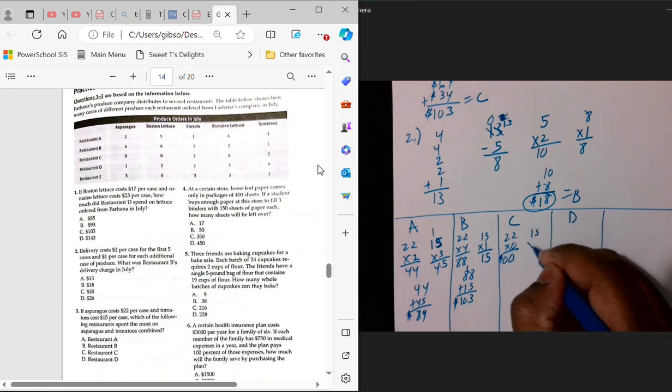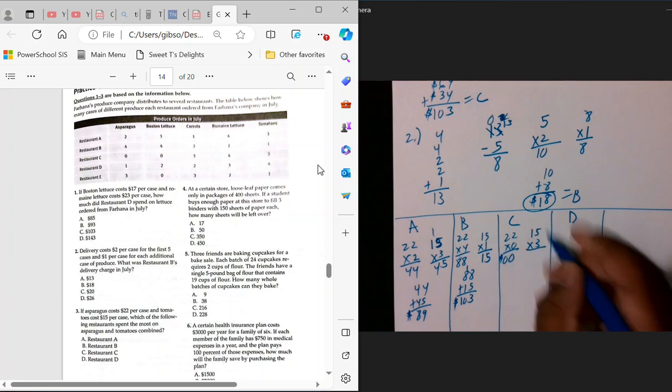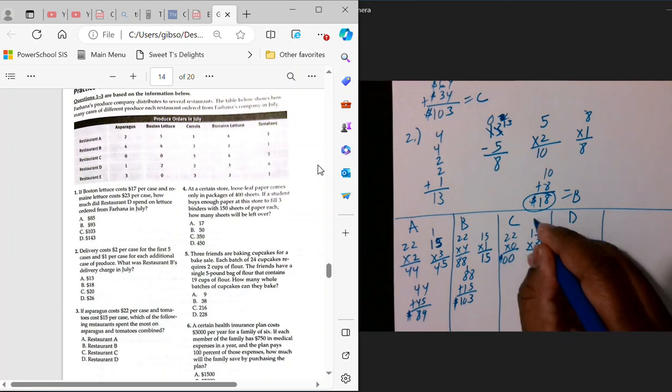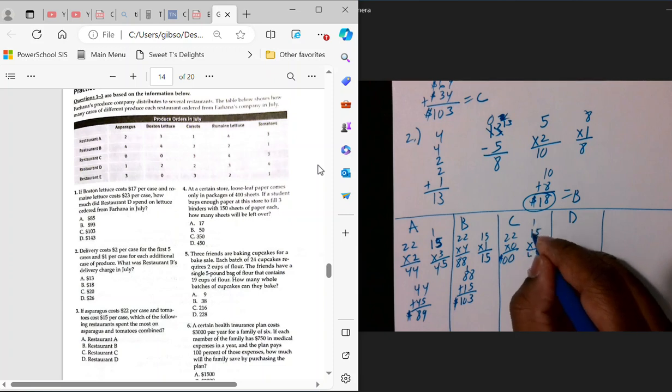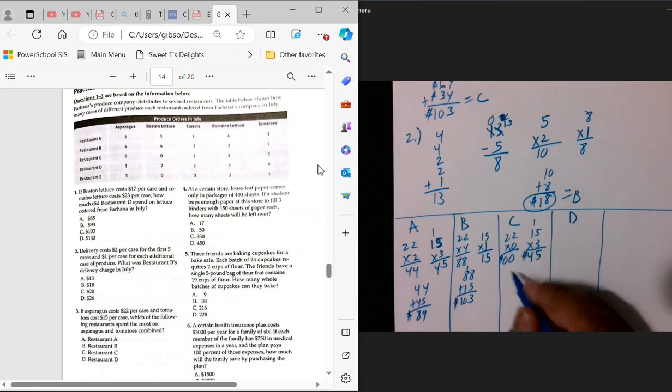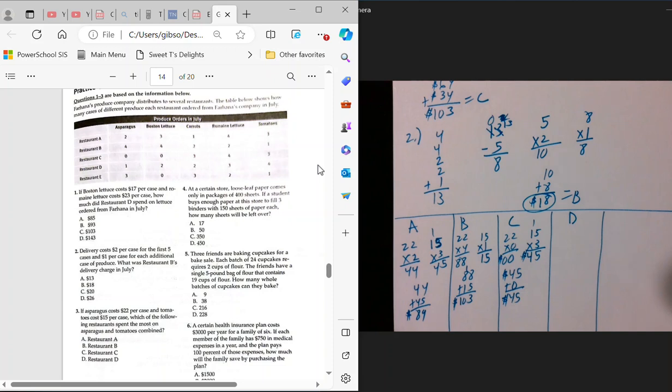So we do 15 times 3. 3 times 5 is 15, so you'll carry a 1. 3 times 1 is 3, plus 1 is 4. So that'll be $45. So this would be basically $45 plus $0, which is $45. So we know C is not it. So far it's still B. Now we need to check D.